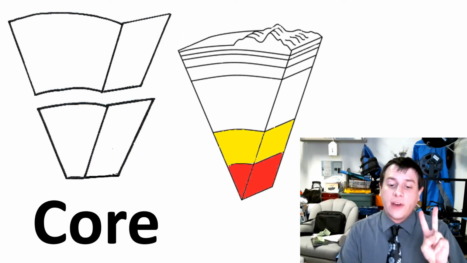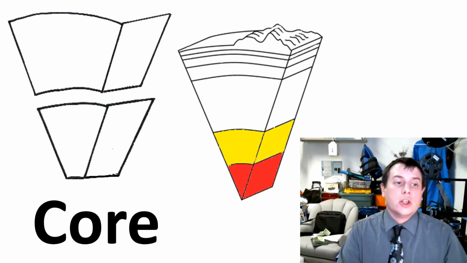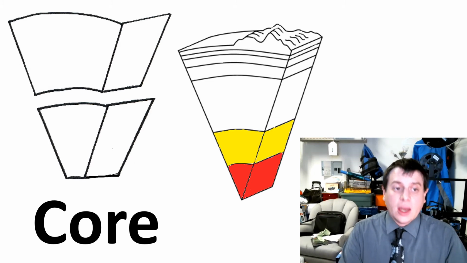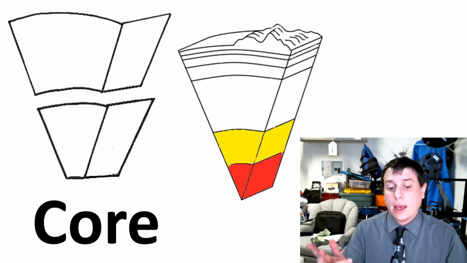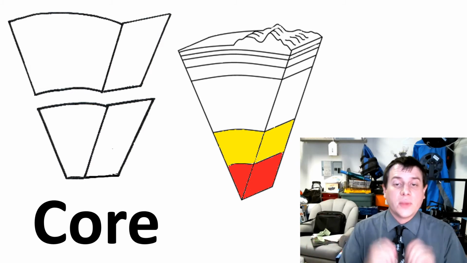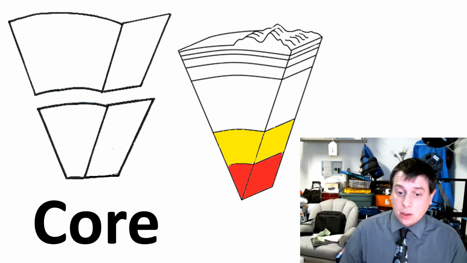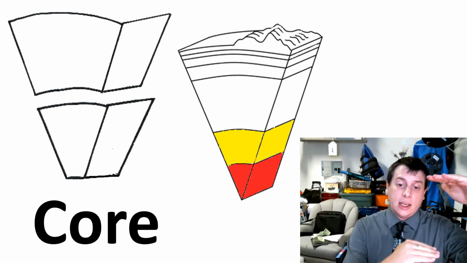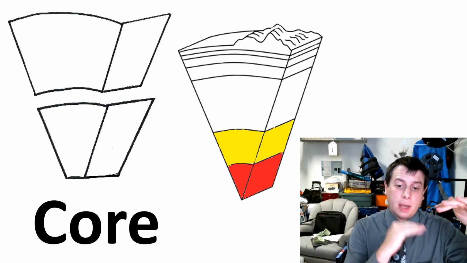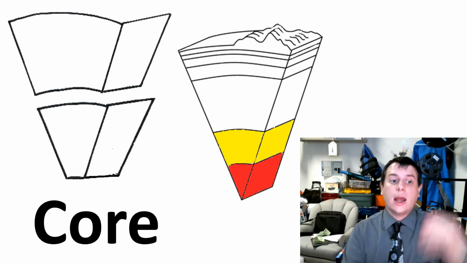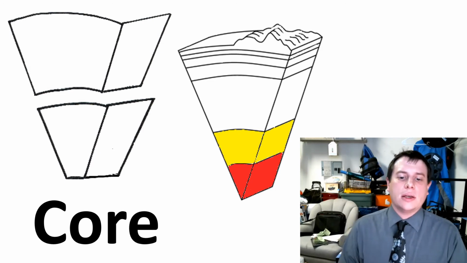And the core is divided up into two layers. So if you remember, all right, we have the crust, which is broken up into oceanic and continental. We have the mantle, which is divided into the upper, middle, and lower mantle. All right. And then we have the core.